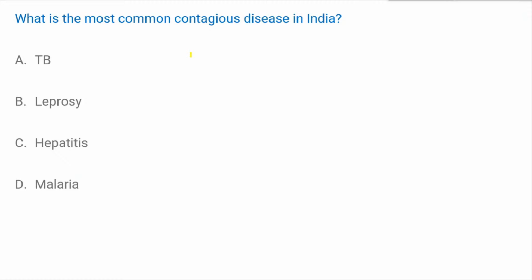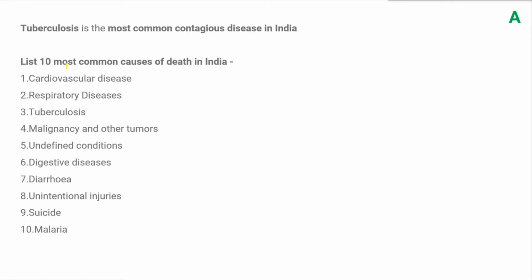Okay, if we are done with this question, this is the next question. What is the most common contagious disease in India? This answer would be TB. Why? Because out of the 10 most common causes of death in India, the first contagious disease that comes, leaving aside cardiovascular diseases and respiratory diseases, is tuberculosis. It's third in the list.